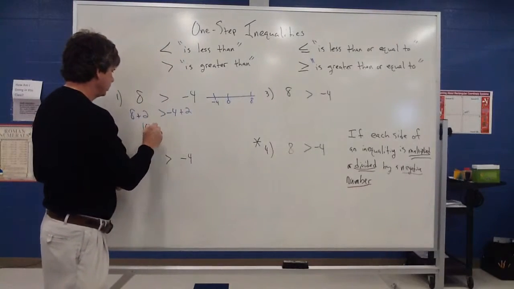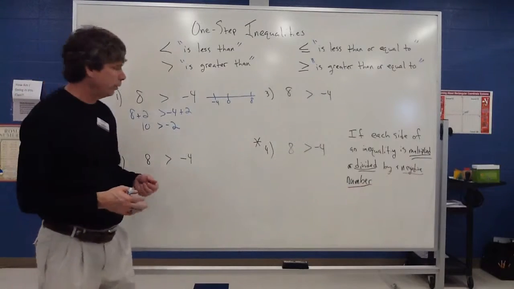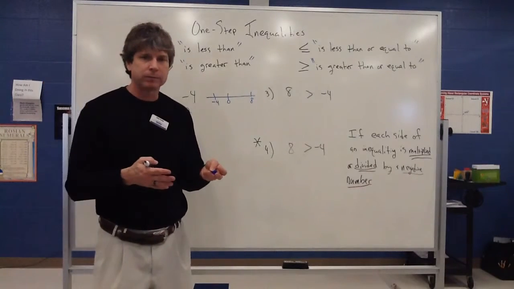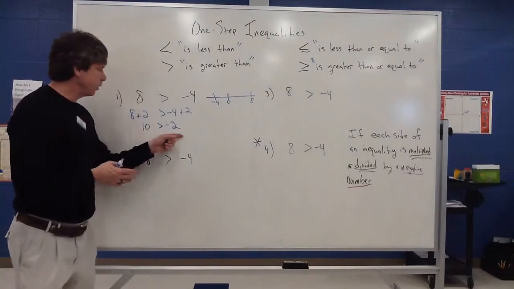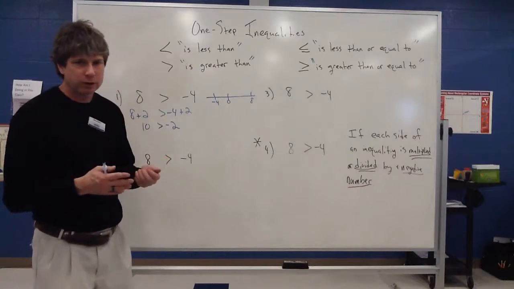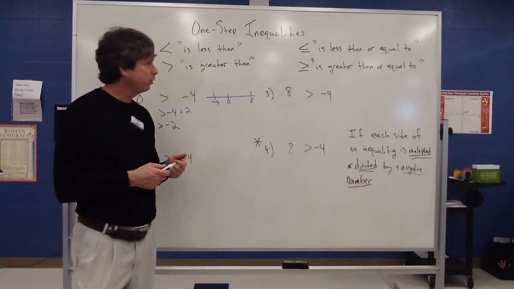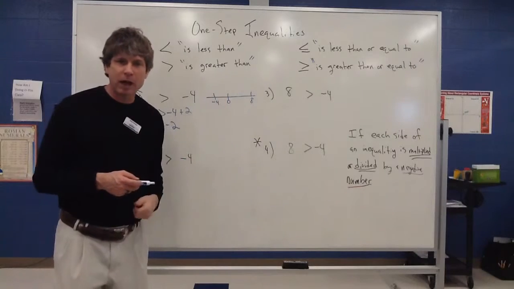I have a 10 is greater than a negative 2. Well, is 10 greater than a negative 2? Yeah. So what this means is, since 10 is greater than negative 2, the truth is still there. I haven't changed the truth. It's still a true statement. And that's what's important here. So we've got to focus on the truth. It has to be a true statement, not a false statement.